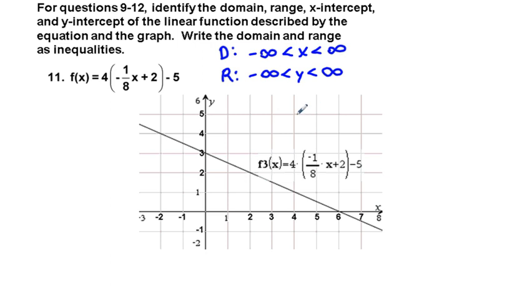Now, for x-intercept and y-intercept, from the graph, if the graph is at all accurate, the y-intercept is going to be equal to 3, and our x-intercept is going to be equal to 6.